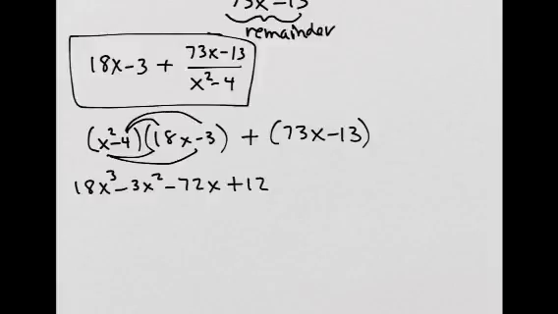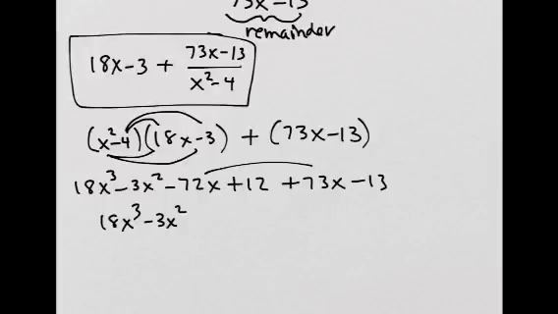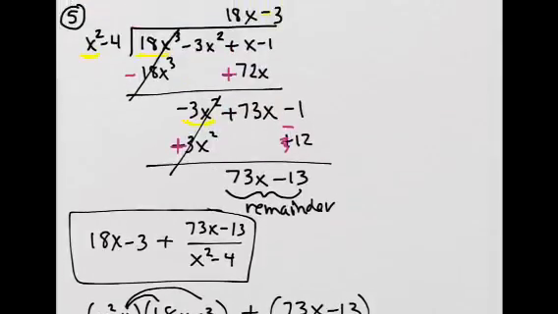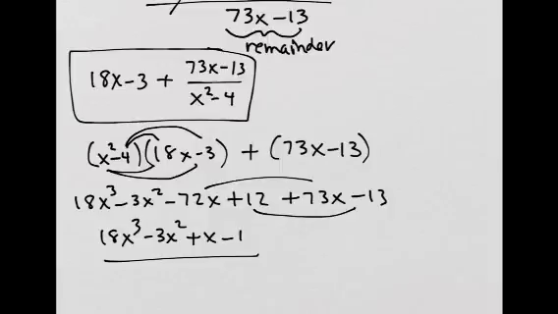And I'm going to add the 73x minus 13, that is the remainder, so that gives me 18x cubed minus 3x squared. Negative 72 and positive 73 is positive x. 12 minus 13 is negative 1. Okay, compare that to the original they gave you, and that's exactly the same thing, right? So it checks. Your answer is right. So this is correct.